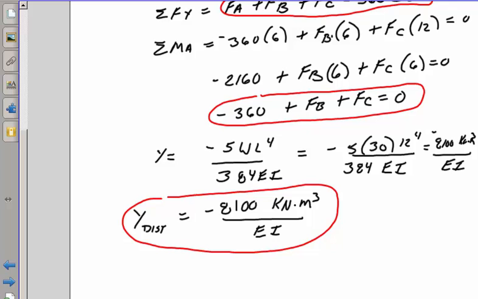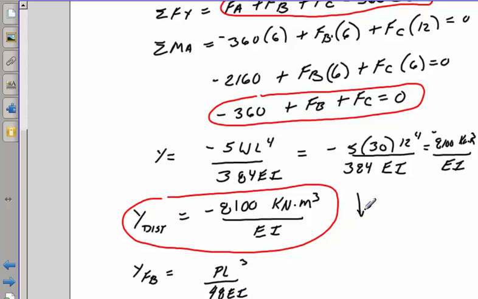So the Y as a result of FB is going to be positive. We go back to our tables, and we look at number 4. We have a load right in the middle, and it is going to be PL cubed over 48 EI.